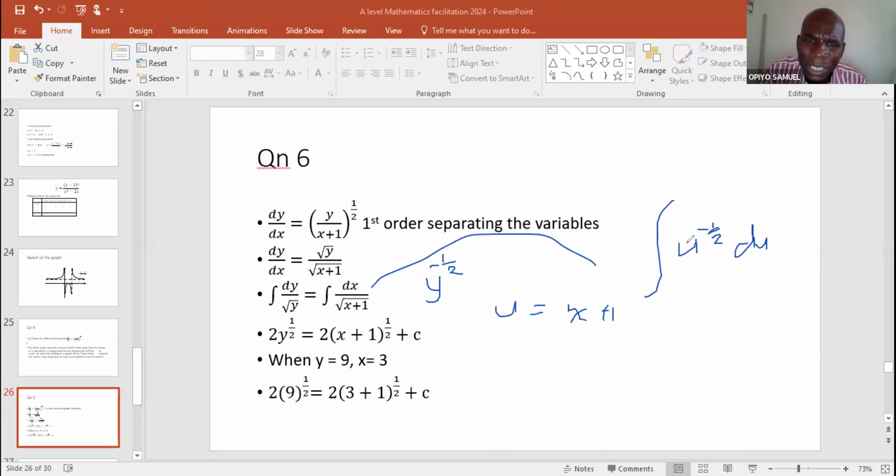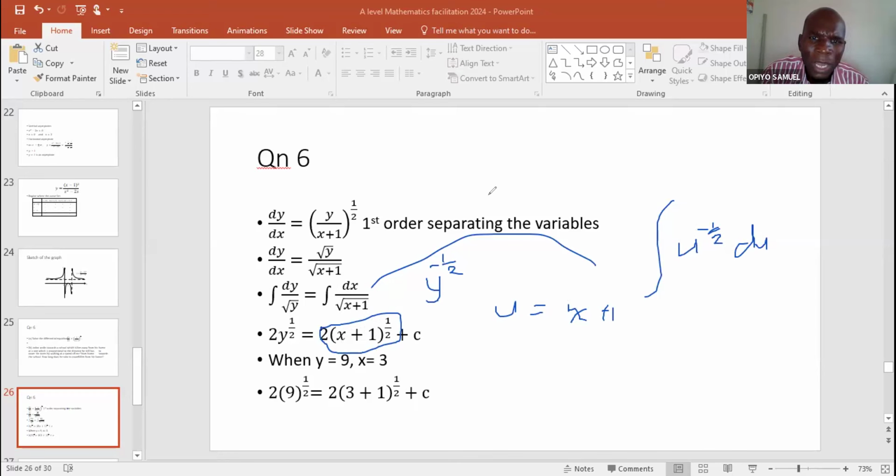When you integrate this again, you get this part. After integrating and putting back, you come back to this. Is that clear? That's how.